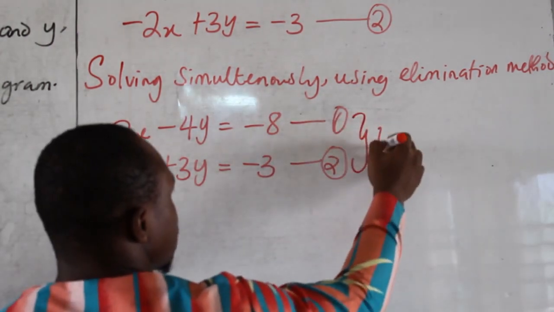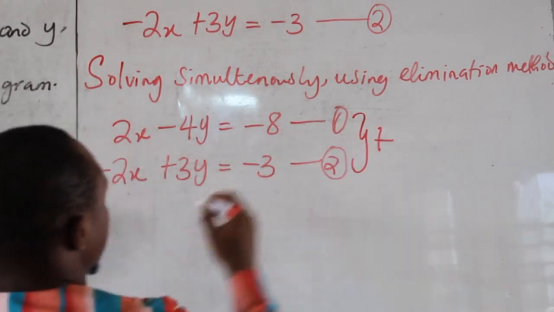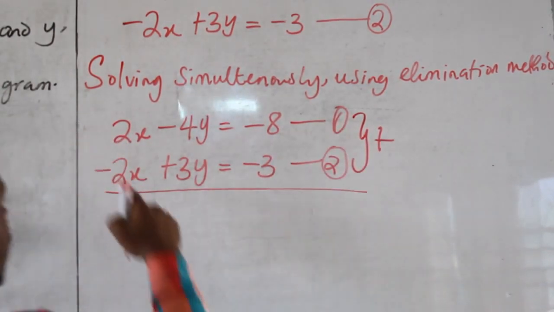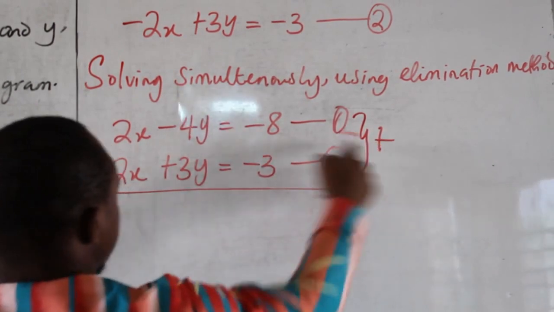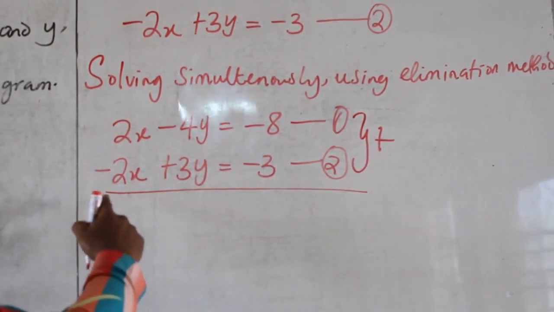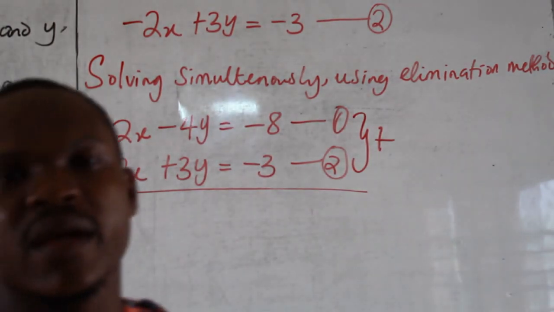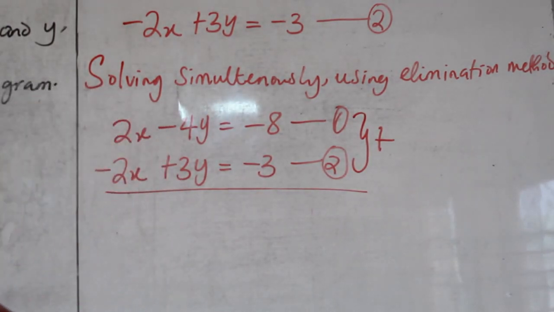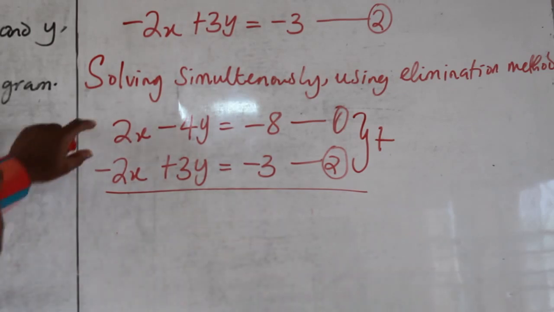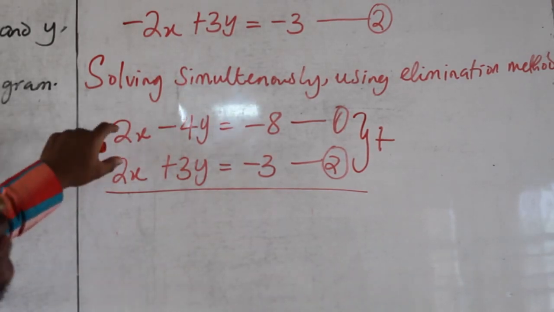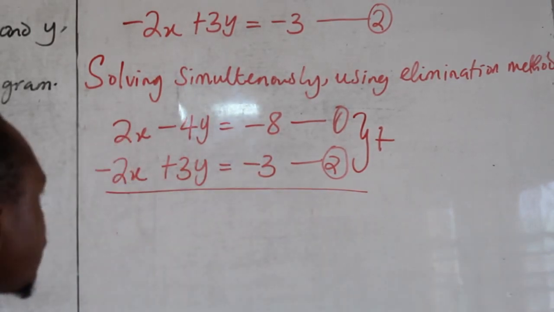Adding both equations, we have 2x plus minus 2x. 2x plus minus 2x gives us 2x minus 2x, and 2x minus 2x gives us 0. Okay? So it means that the x coefficient here has been eliminated.